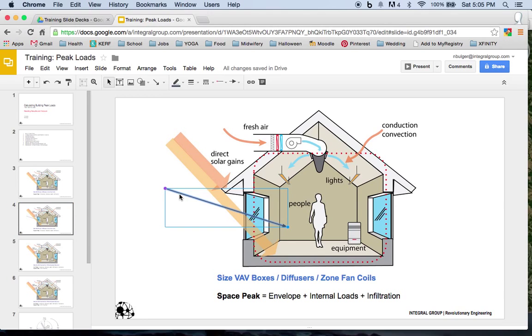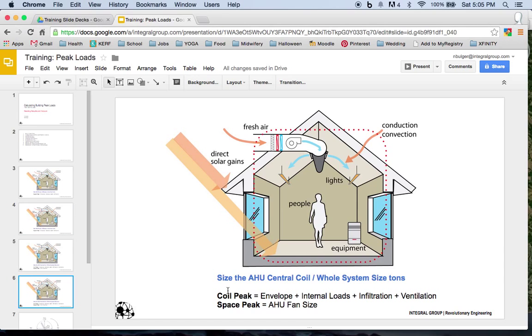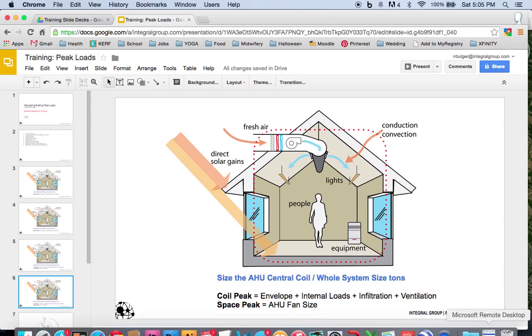Because in the winter the air was cold, but the sun still came through. So the space peak could size the VAV boxes to manage their individual flows. The coil peak will size our coil itself and the tonnage of a building or a chiller or the whole apparatus.